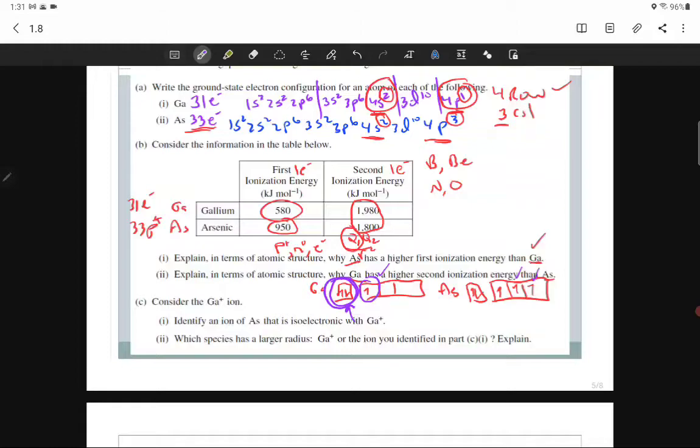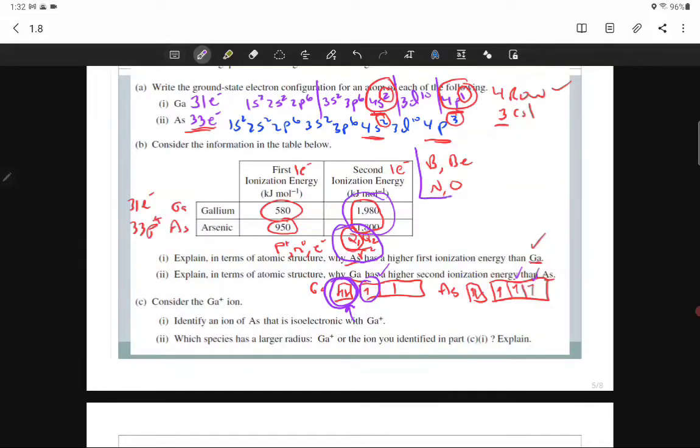So we're not going to try to go and use exceptions unless we have to. We'd much rather use this Coulombic attraction idea with protons and distance from the nucleus. But if you are presented with data that suggests otherwise from our trends, then you have to use these exception ideas.